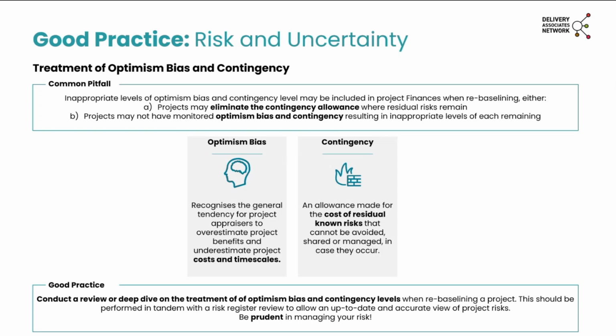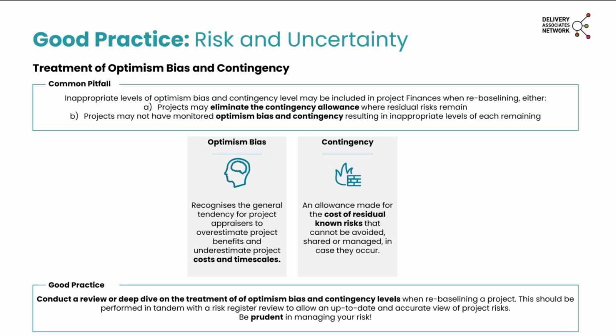Projects may completely eliminate the contingency allowance where considerable risks remain, or conversely, projects may not consult or review their contingency allowance throughout the period of the project, so an inappropriate allowance remains. What we would suggest when rebaselining budget is conducting a review or a deep dive on the treatment of optimism bias and contingency levels.